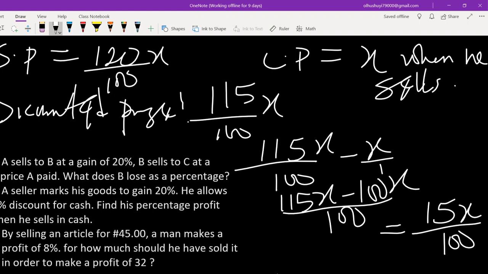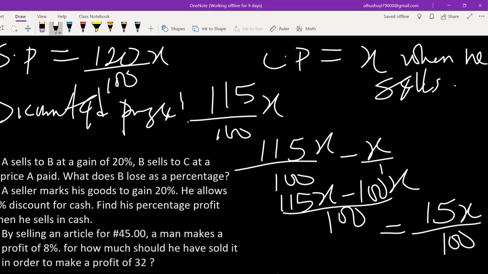The question says find its percentage profit when it sells in cash. So what would this be? 15 over 100. What will be the percentage profit to that?